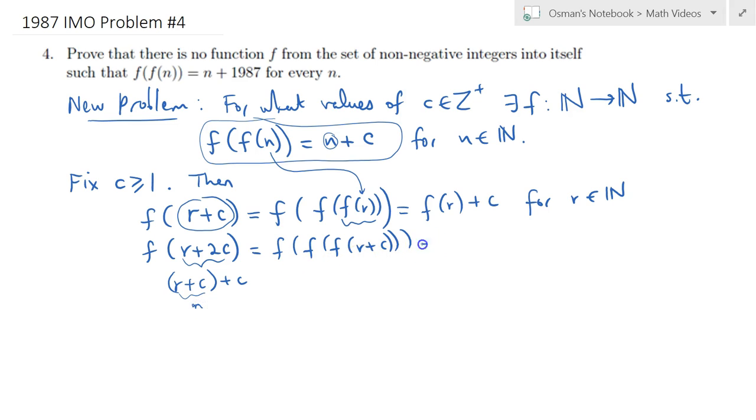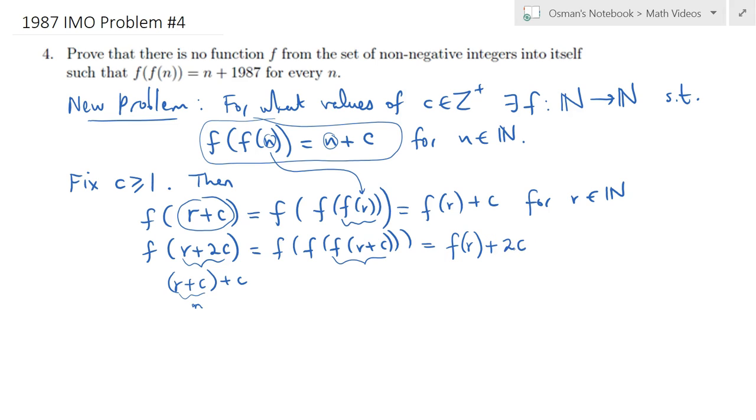But then with a small twist, I would realize that, by a simple reinterpretation, plugging this into my expression, the n here, like we did previously, we would get f of r plus, I believe, 2c, right?